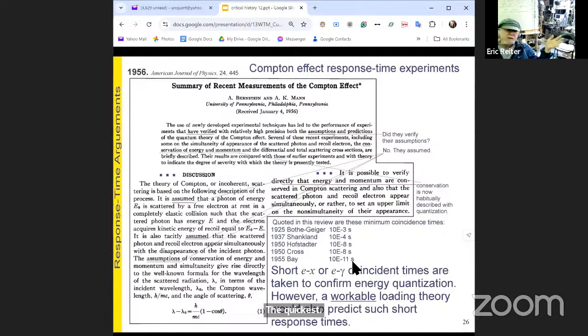And there are longer times, and that's important to understand what goes on. But they're only examining these shorter response times and trying to say that it has to be like photons and particles because of the short response times. They're comparing again to a non-workable loading theory.